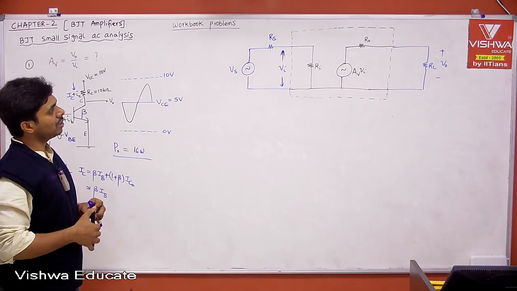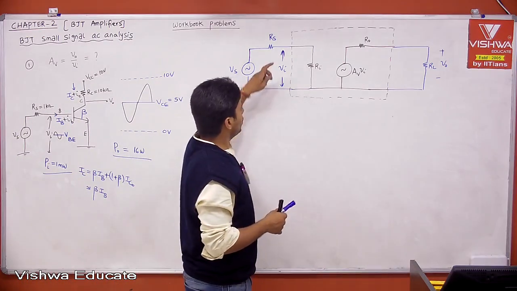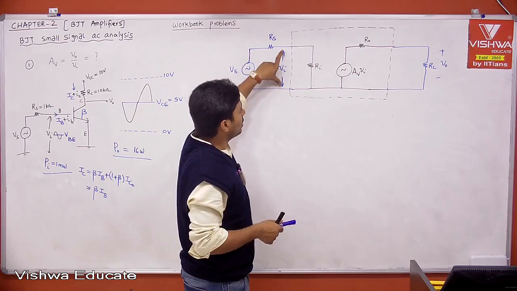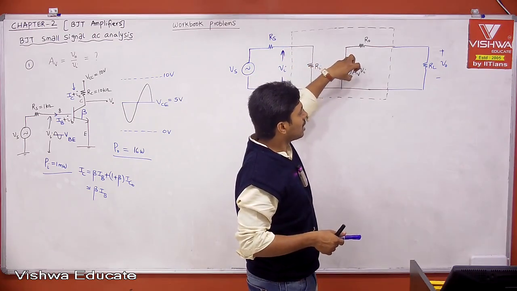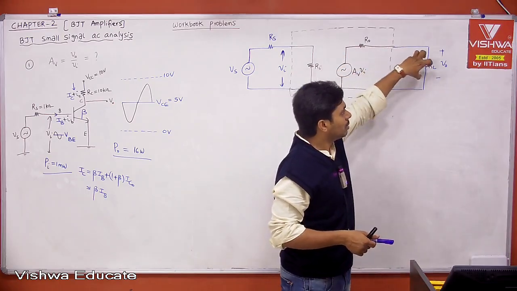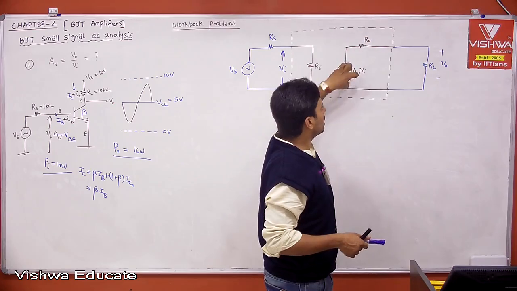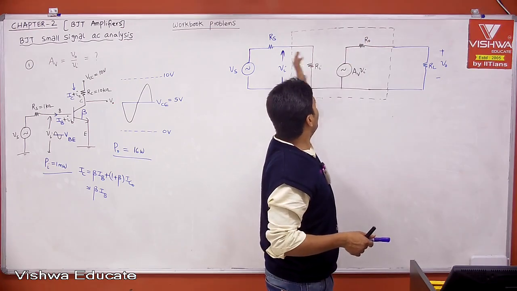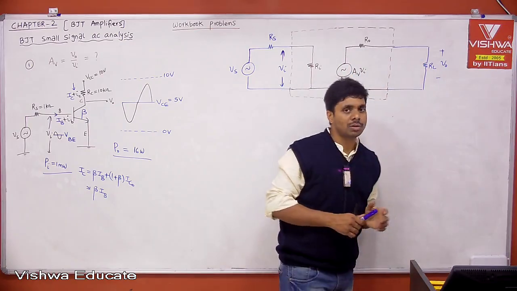Now, if I model in this way, whatever signal you apply at the input of your amplifier is amplified by your voltage gain Av, and that signal you try to apply to your load. But remember, because of your output impedance, part of the output voltage is dropped, and only part of the signal is applied to your load.